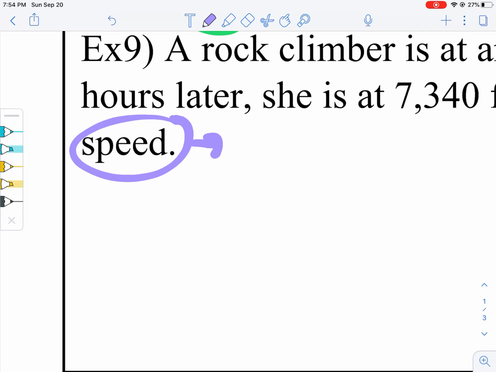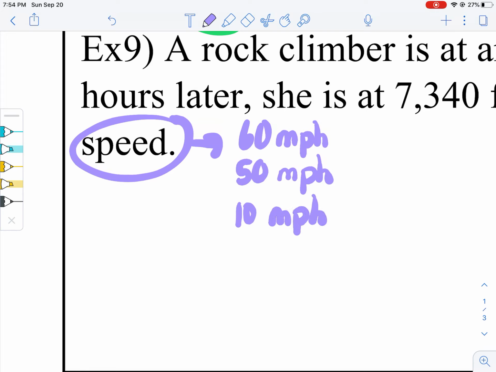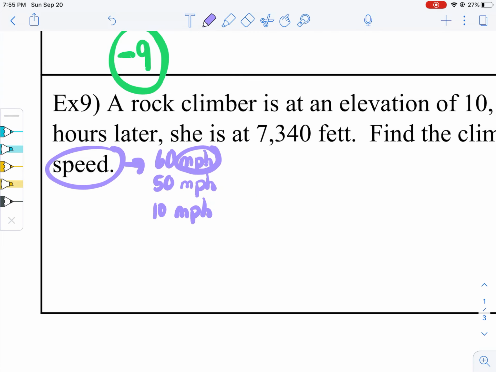And in a car, your speed comes up on the dash that your parents are driving. And it might read something like 60 miles per hour or 50 miles per hour. They're on a highway. It could be 10 miles per hour if they're driving on a street. Okay. But let's think of this, miles per hour, right? That is just a rate, miles per hour.